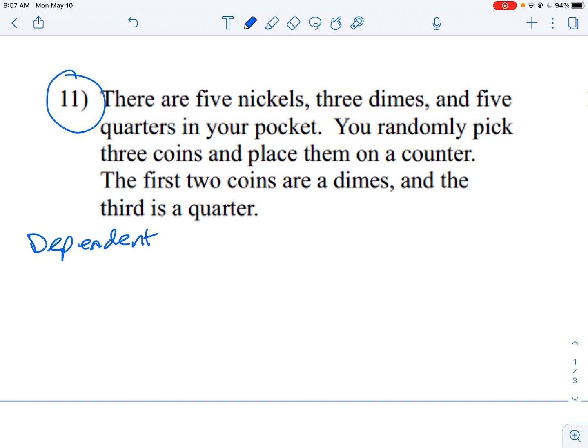So we're going to get this probability real quick. We need the probability of dime, dime, and quarter. The first one being a dime: there are 3 dimes, and 5, 3, and 5 makes 13 total, so 3 out of 13. Then you multiply that by the next one, which is dime again. There are only 2 dimes left and 12 coins left. For the third one, you want a quarter.